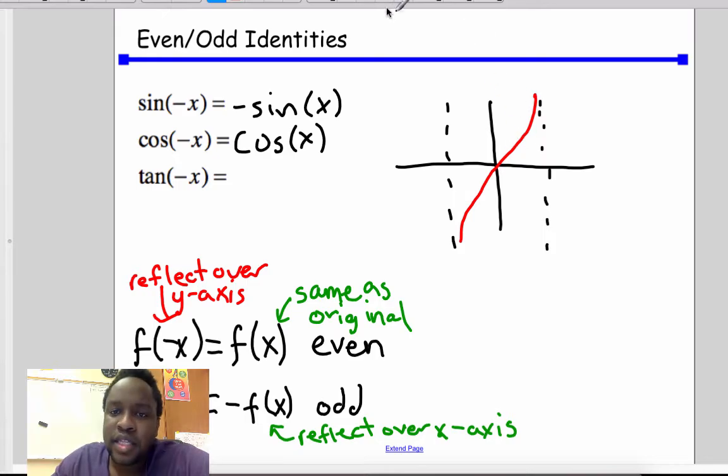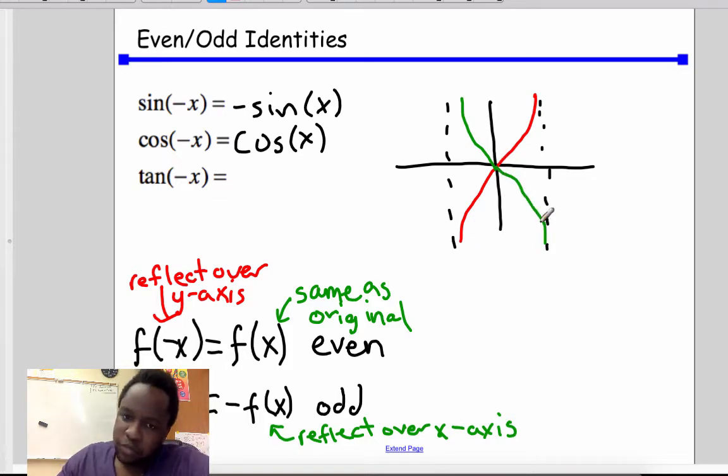Now, I'm going to reflect this over the y-axis. When I reflect this part, I get that. And when I reflect this part, I get that. So when I reflect it over the y-axis, does it look to be the same exact thing?